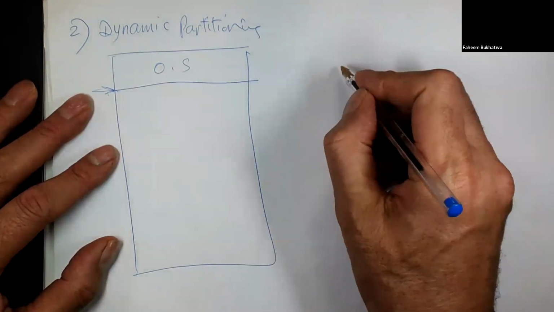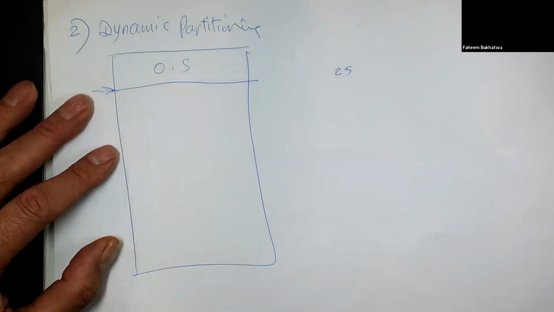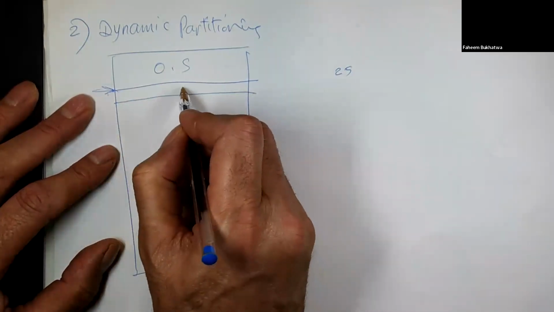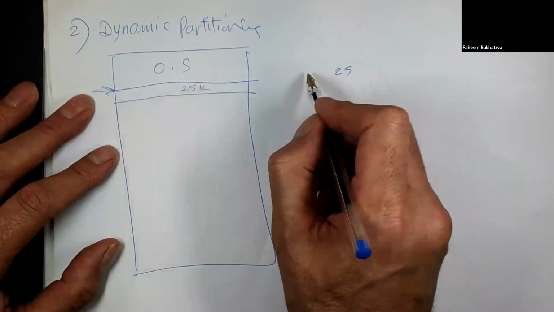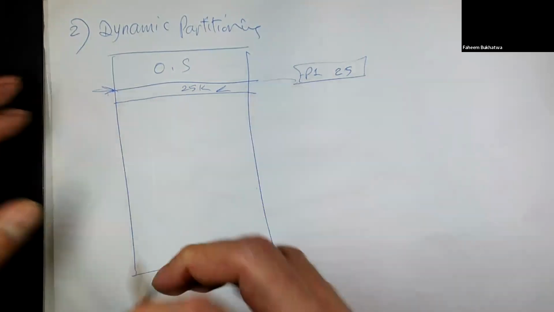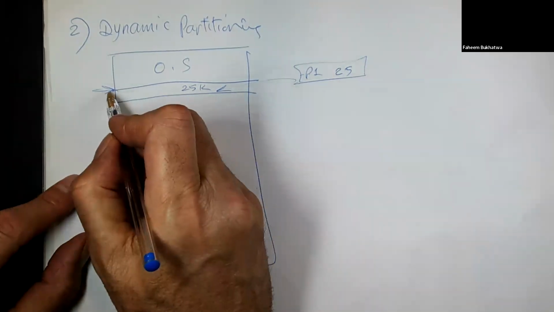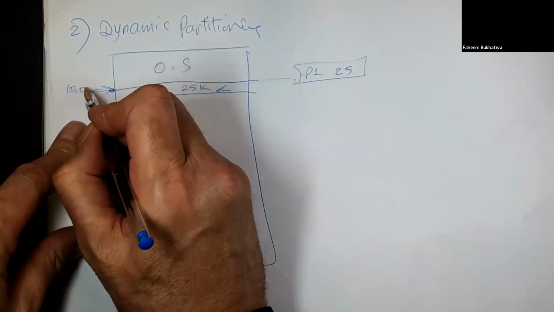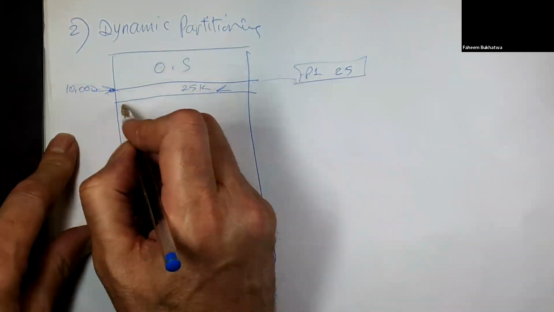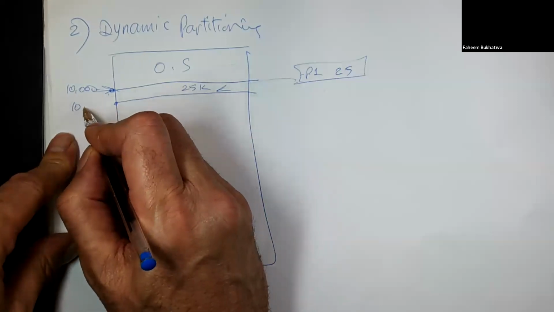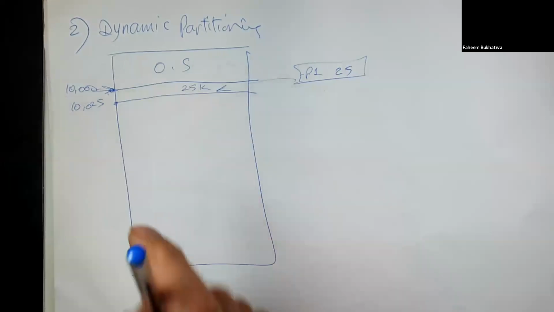Let's say a program says, I need 25. We go there and we break off exactly 25K. This program number one needs 25. We give it exactly 25. We cut off, we mark from this address. Let's say, for example, this address is 10,000. You need 25, then you end up allocated from 10,000 to 10,025.